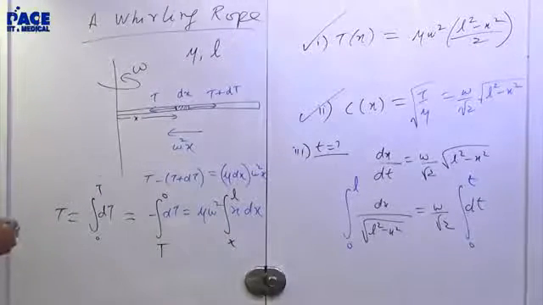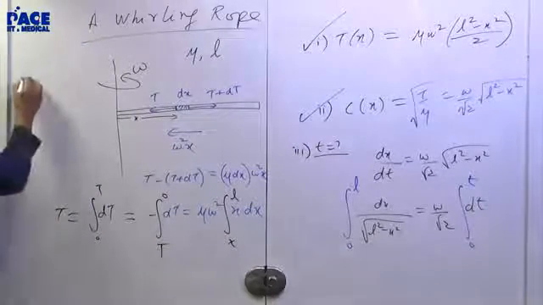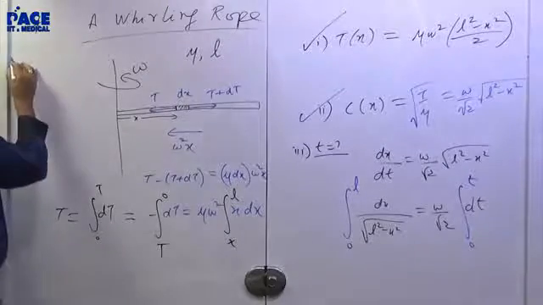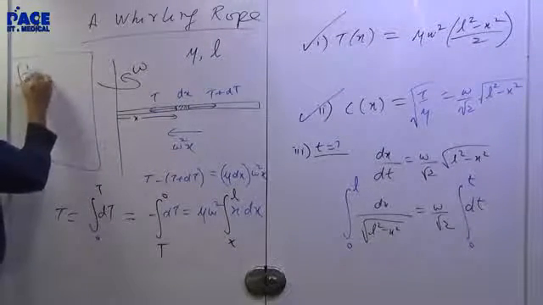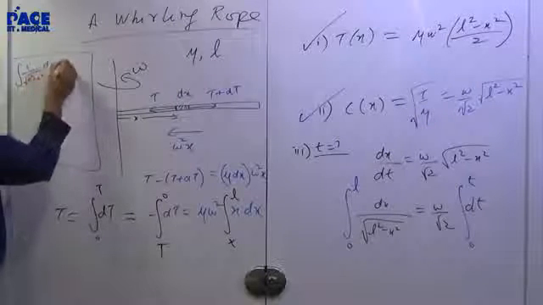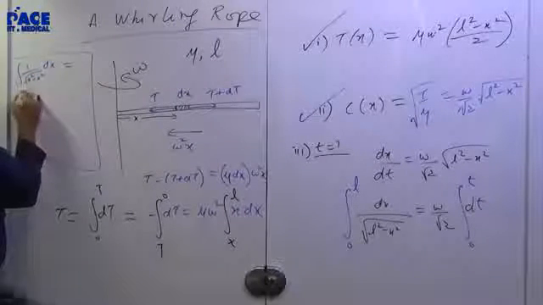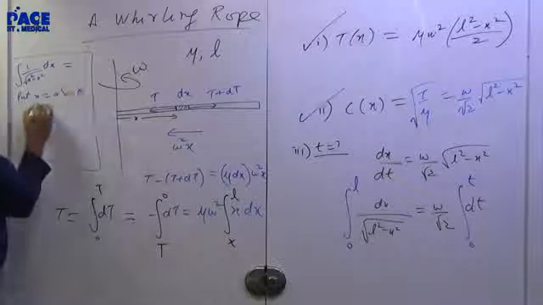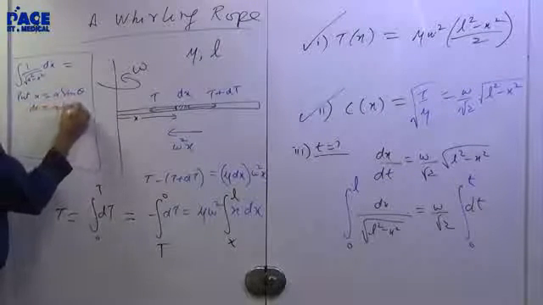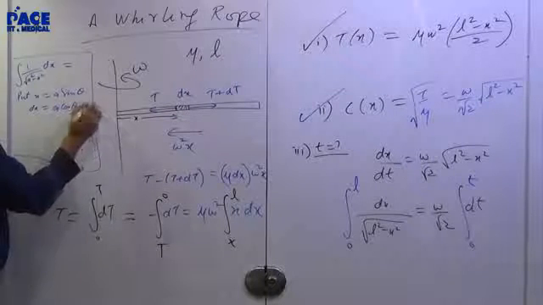Shall I do it here? Integral 1 by root of a square minus x square dx. What is the answer? Put x equal to a sin theta, and dx by d theta will be a cos theta.